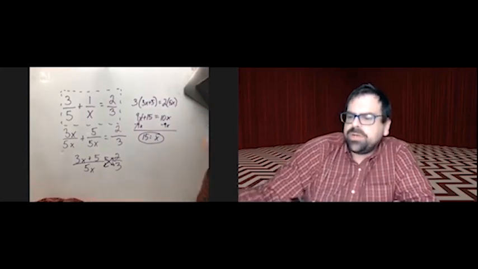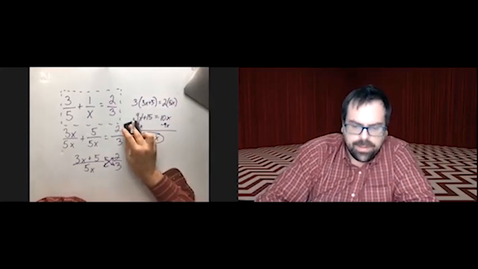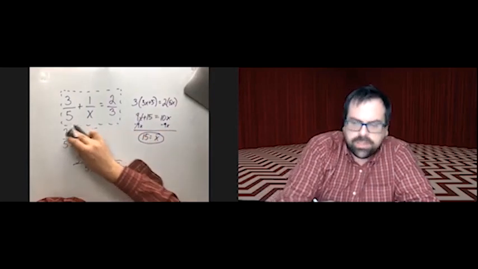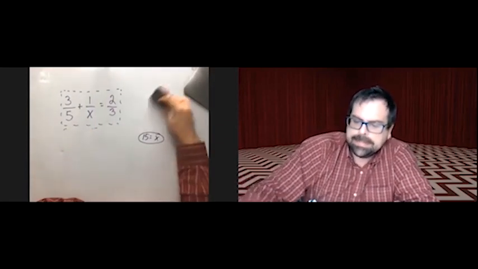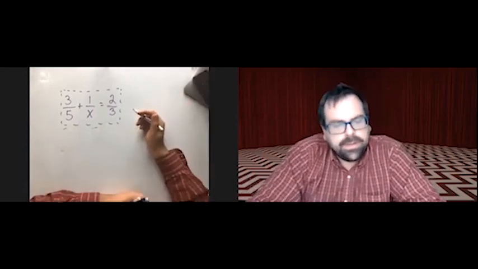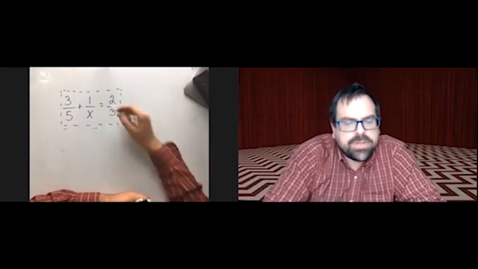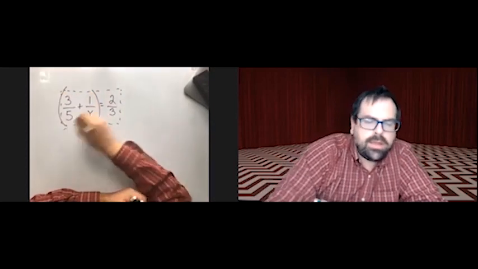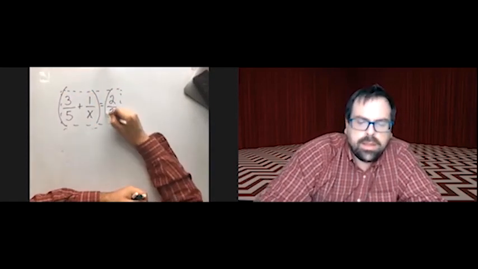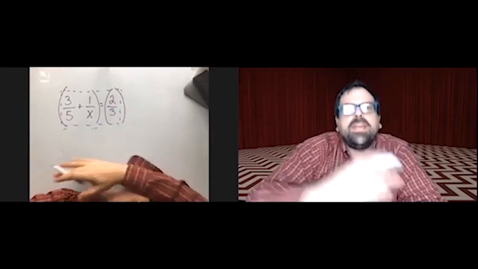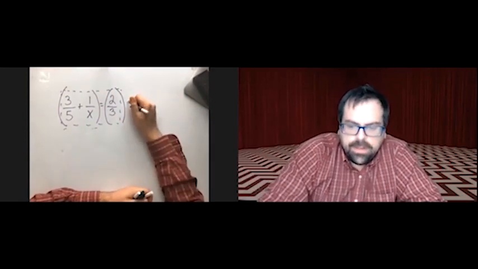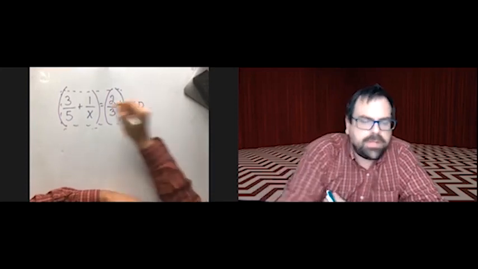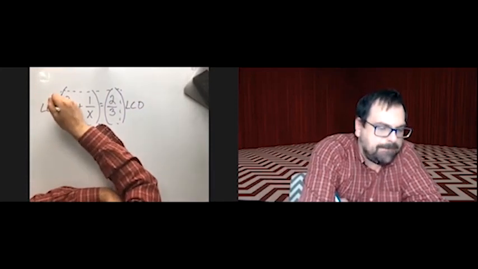But there was also a shortcut method. The shortcut method was a way of getting rid of the fractions. That was multiplying both sides by the LCD.